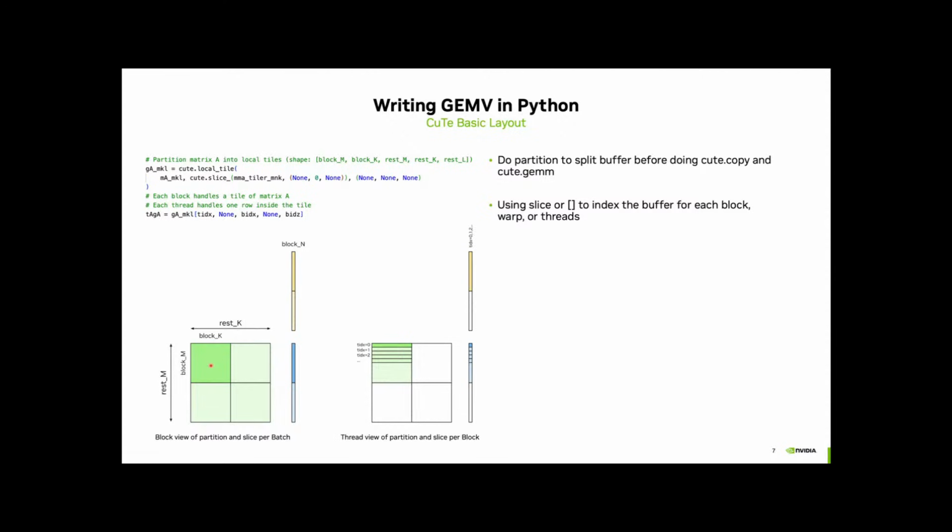And after we partition this global tensor, we will slice it with the coordinates we want. In this example, we have this block index X slice on the rest M dimension to move the CTA to the right block it wants to compute. And we use the thread index to slice each row inside this block.